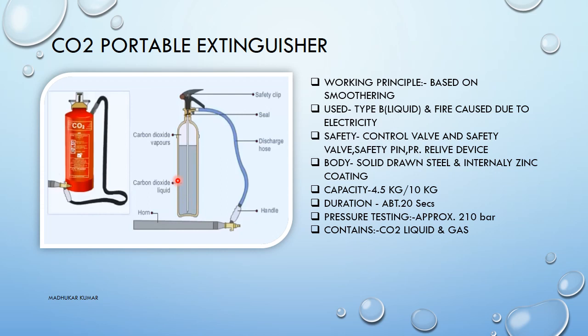Here the CO2 is kept at about 52 bar pressure approximately. So this requires extra strengthening, and hydraulic pressure testing is done approximately at 210 bar depending upon the manufacturer. And then this contains CO2 liquid and gas also. So this is all about your CO2 portable extinguishers.